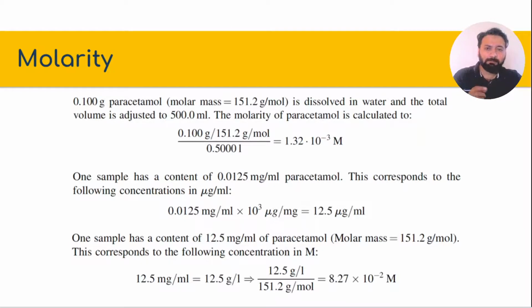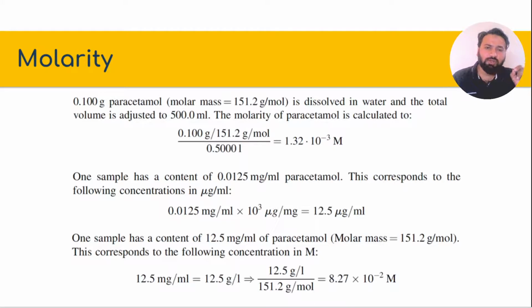So for that, 12.5 multiplied by 1000 and also divided by 1000, because milligram to gram and ml to liter. The 1000 cancels the 1000, so the concentration would be the same, that is 12.5 gram per liter. Now how can we calculate the molarity?